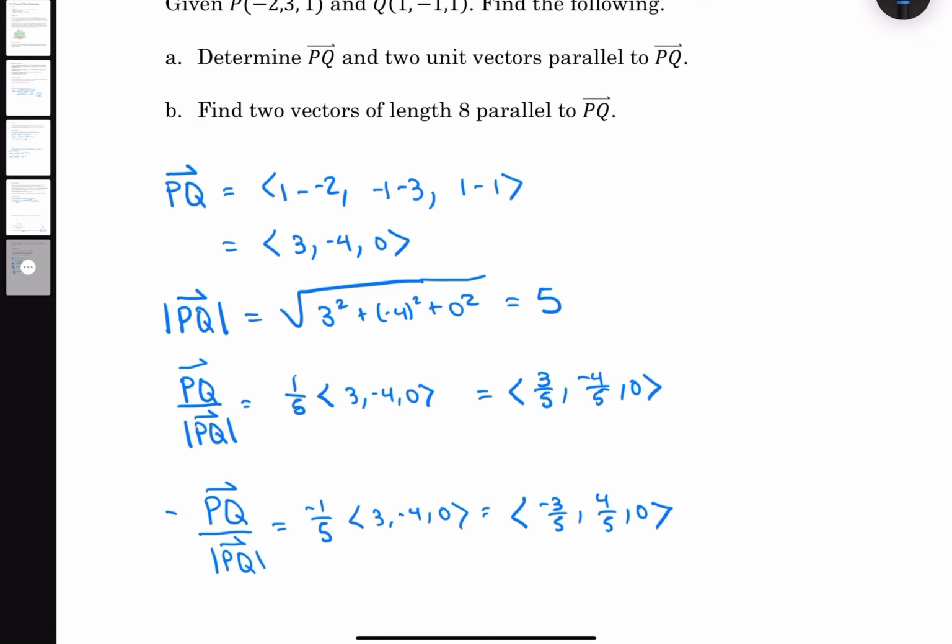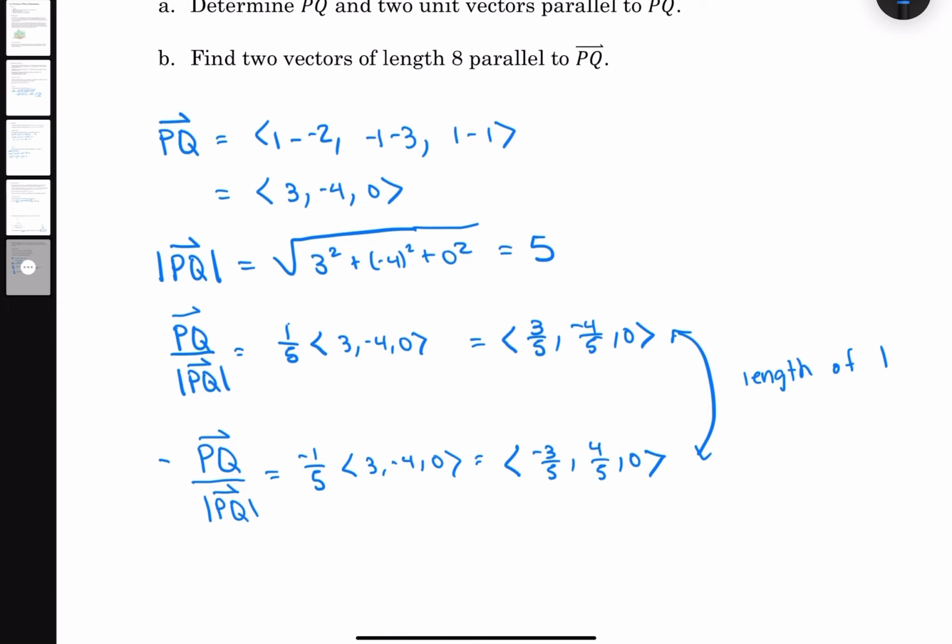All right, so now for part B, we have to find two vectors of length 8 that are parallel to PQ. These are unit vectors already, they have a magnitude of 1. So to find vectors that have a magnitude of 8, we can just multiply each of these unit vectors by 8.